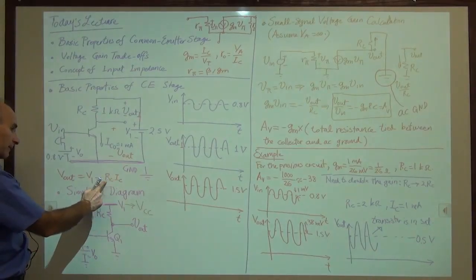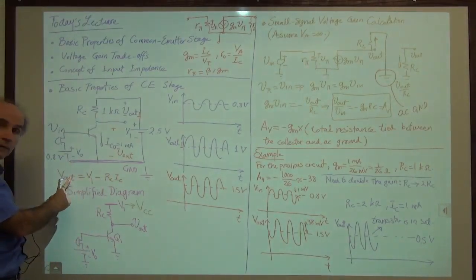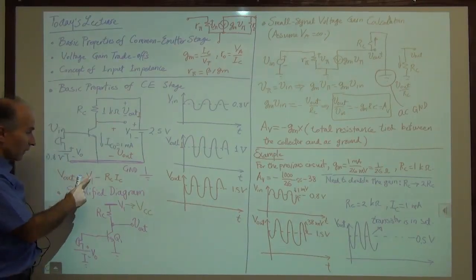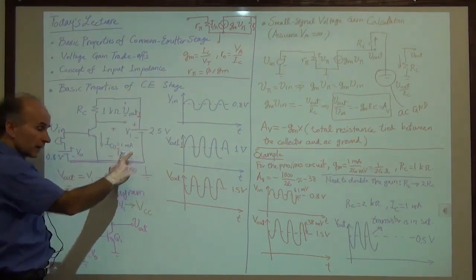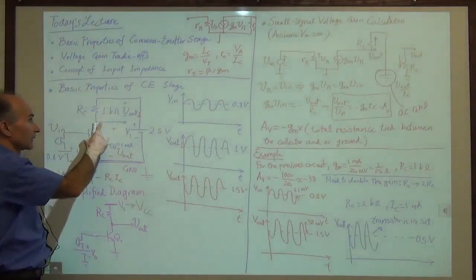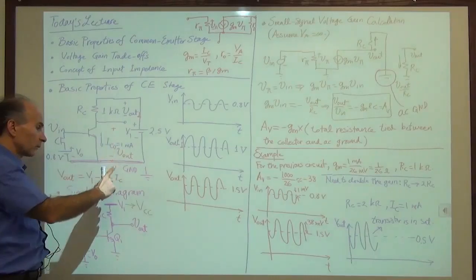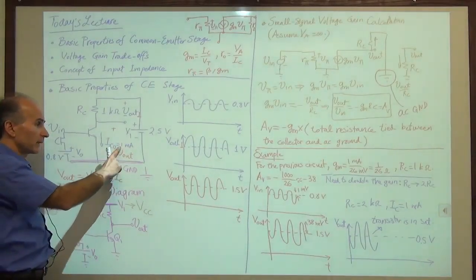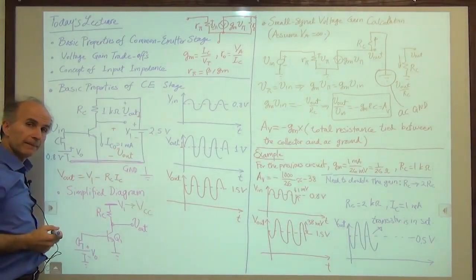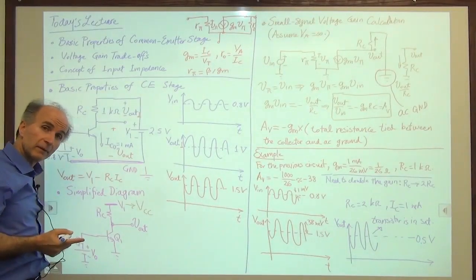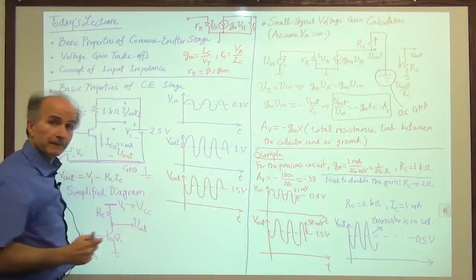Okay, so let's go back here. We said V out, for example, without any signals, is equal to V1, this battery here, minus this drop. So we keep RC at 1 kilo ohm, but we go from 1 milliamp to 2 milliamps. Does the situation get better than what we had there?